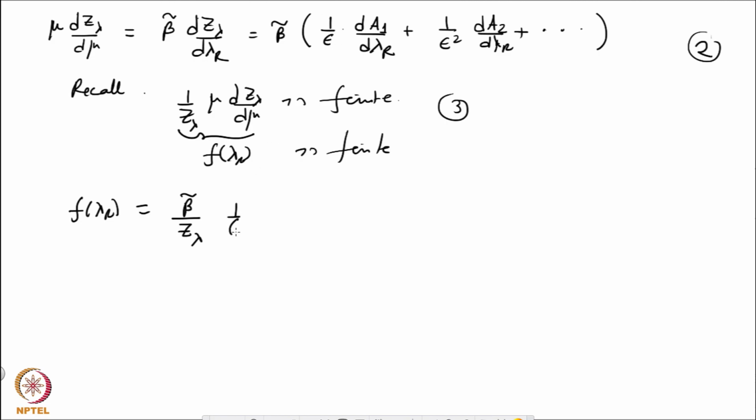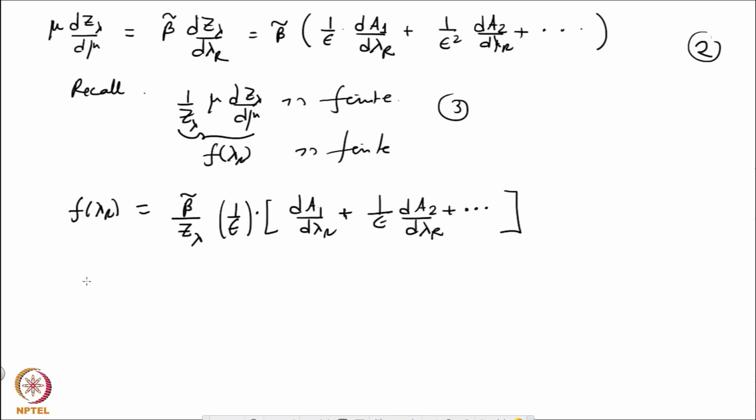Now I'll pull out 1 over epsilon times what you have here, dA1 over d lambda r plus 1 over epsilon dA2 over d lambda r plus other higher order pole terms.